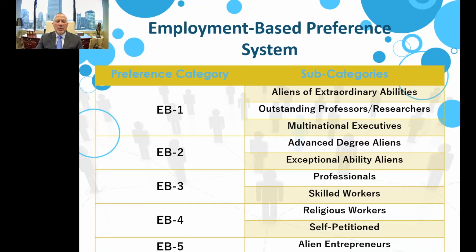The EB1, which is the alien of extraordinary ability, outstanding professors and researchers, multinational executives, and also some EB2 national interest waiver applications do not require a PERM, nor does the EB4 religious worker self-petition or EB5, the alien entrepreneur investor visa petitions. Only EB2 and EB3 require a PERM application.